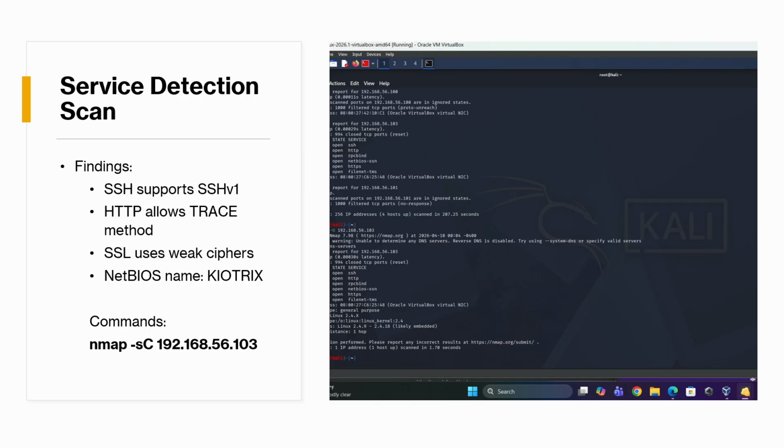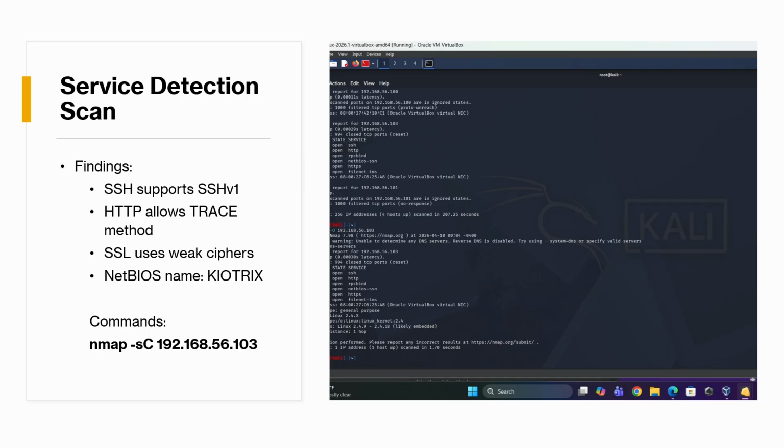This scan used default Nmap scripts to extract deeper service information. One major issue identified is that the SSH service supports SSH v1, which is deprecated and vulnerable to man-in-the-middle attacks due to weak encryption and lack of integrity protection. The HTTP service allows the TRACE method, which is considered risky because it can be exploited in cross-site tracing attacks to steal authentication cookies.